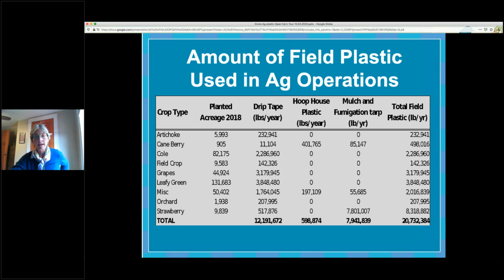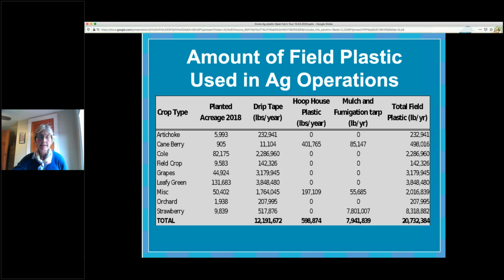So those were the focus of our effort, was to evaluate how much of each of those types of plastic is used. And to make that evaluation, we used the Monterey County Ag Commissioner's crop report to look at how much acreage is planted in each of the different kinds of crops grown in Monterey County.